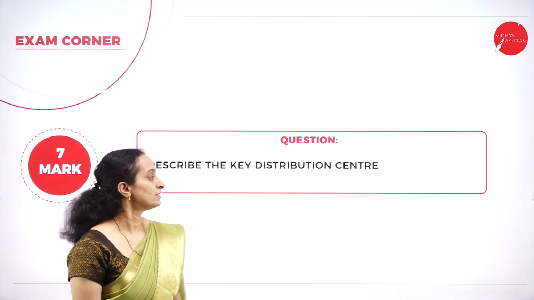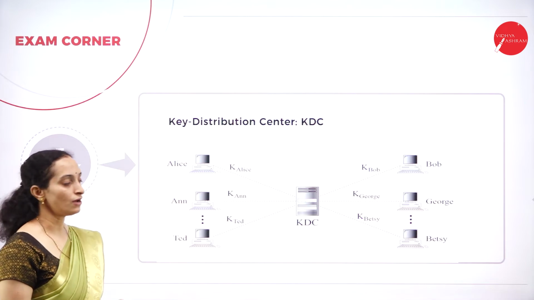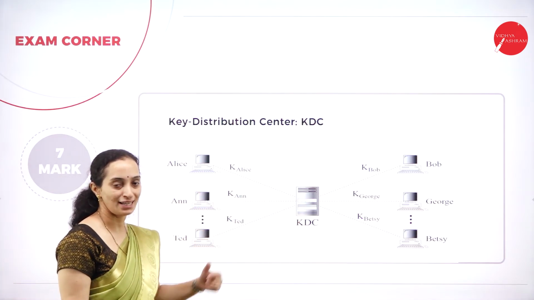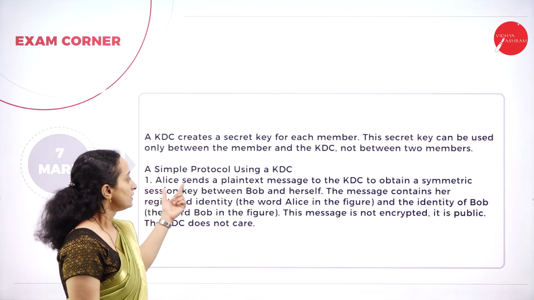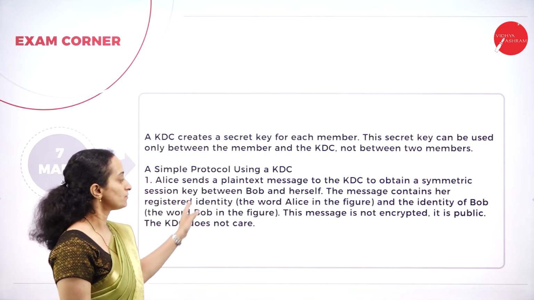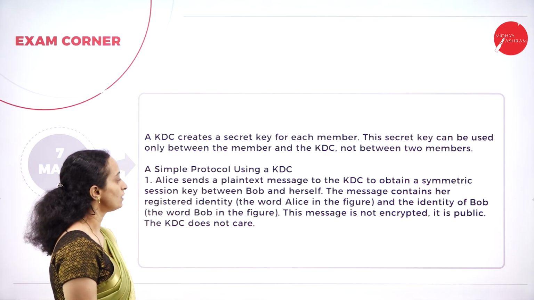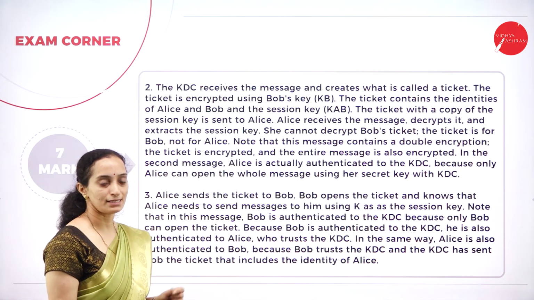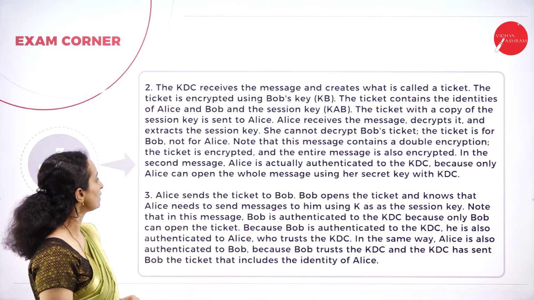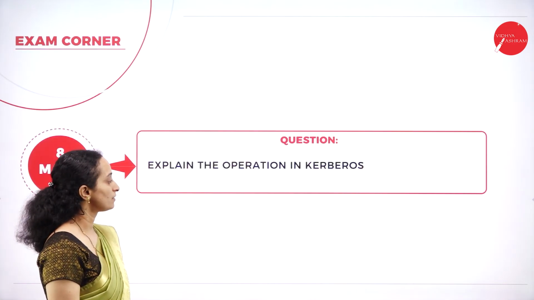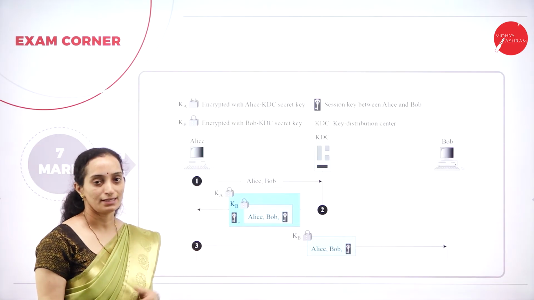So you can give the diagram of the key distribution center, or KDC, like this. It is pretty easy to write down. How it creates a secret key, and write down the simple protocol using a KDC. Write the explanation, so what are the steps involved will be written here.